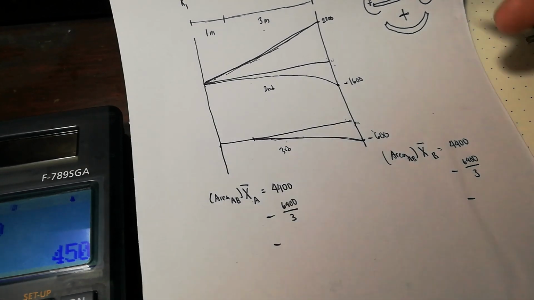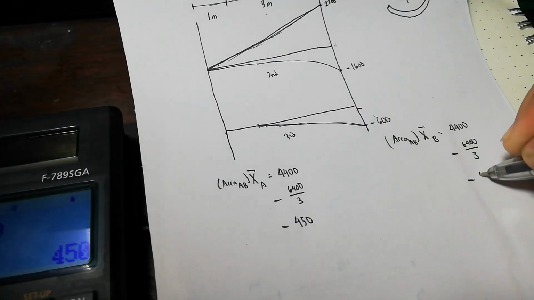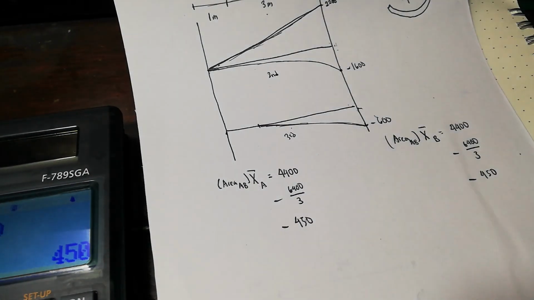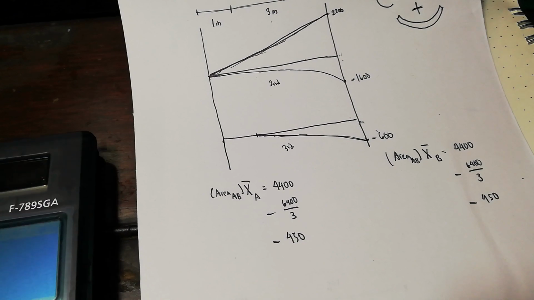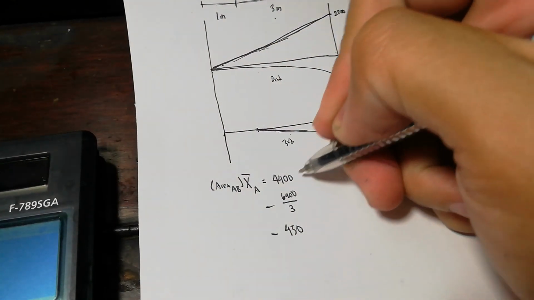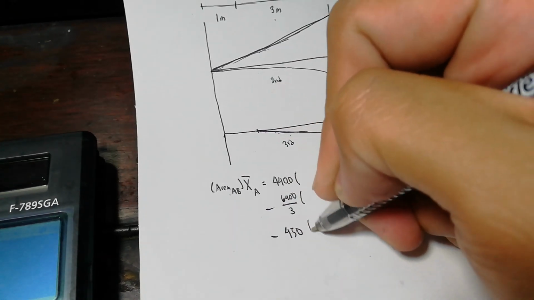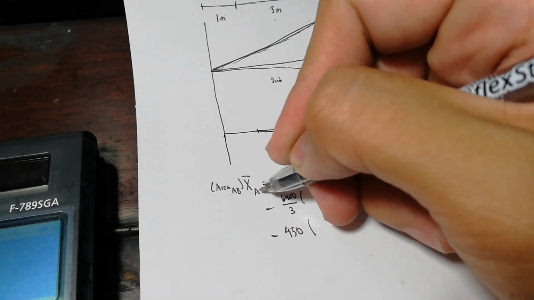So, ito ay 450. Then, okay. Next naman is take note na i-multiply natin dito sa area natin yung kanyang centroid from A.